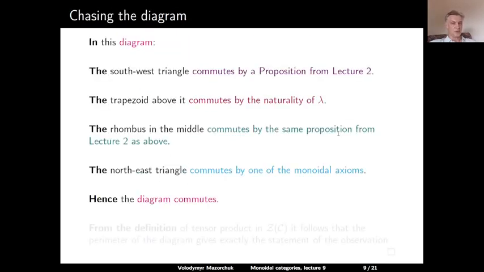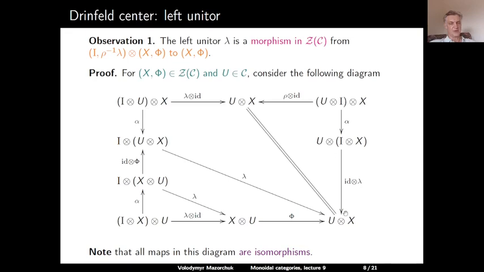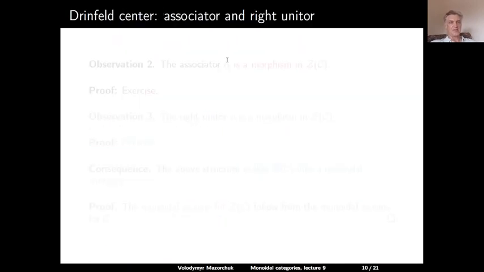So the diagram commutes. And now if you look at the perimeter of the diagram, this perimeter says exactly that lambda is a morphism from this tensor product to x, phi. So this establishes how we have left unitors in the Drinfeld center. Similarly, the associator from C is a morphism in the Drinfeld center, and one can prove this similarly, but using a slightly bigger diagram.